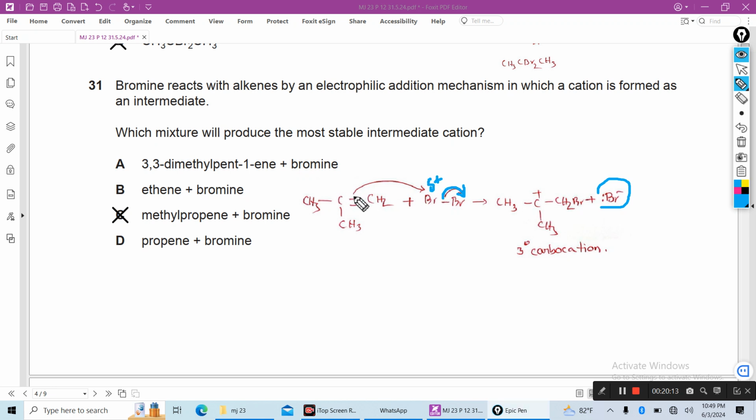So this double bond gives electrons to the positive bromine, and this bromine is added to this carbon, and the middle carbon will be positive. So this positive carbon is attached to 3 alkyl groups, methyl groups. So this is a tertiary or 3 degree carbonium ion, which is the most stable.